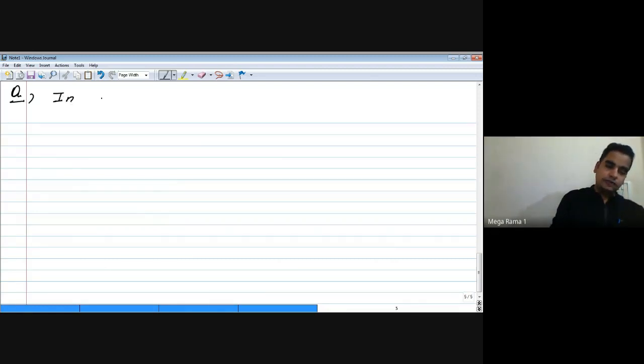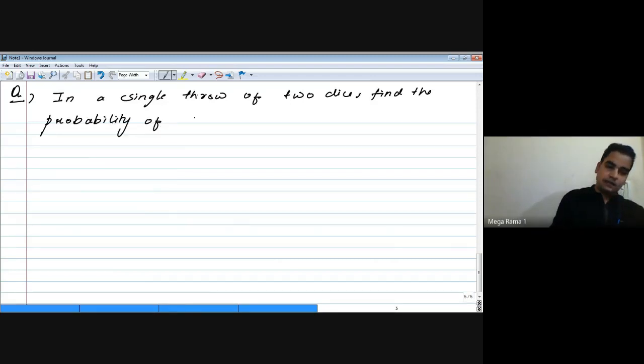In a single throw of two dice, find the probability of getting a doublet of odd numbers. Okay.